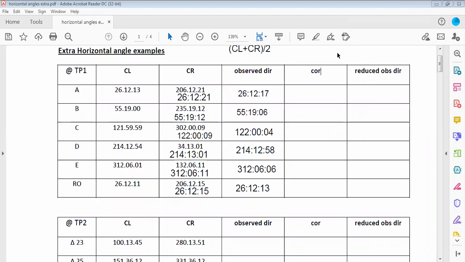The answer that we're going to get is 122 degrees, 0 minutes and 9 seconds. Then to determine your observed direction, we're going to take circle right's answer, which is this one here. We're going to add it with this one here. We divide it by 2, and therefore we get this answer. Do you understand?